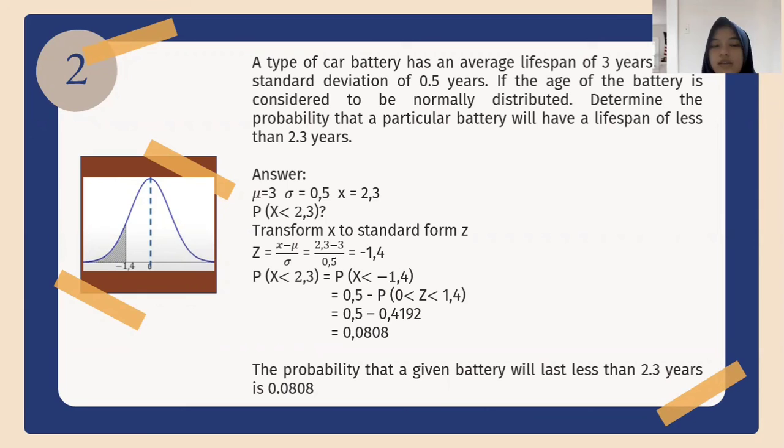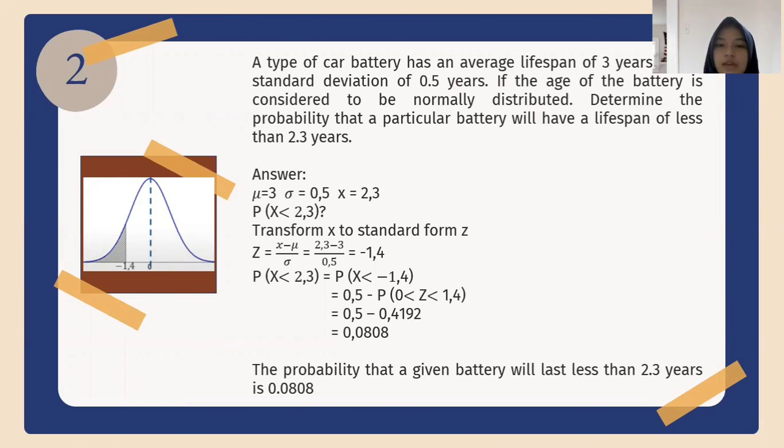So from the question, mu is 3, standard deviation is 0.5, x is 2.3. And the question is the probability x smaller than 2.3.